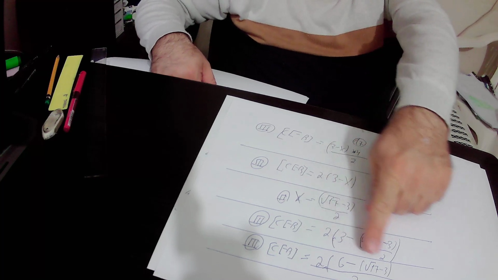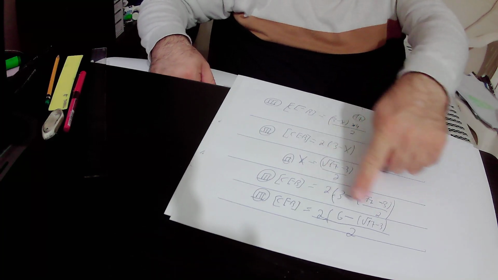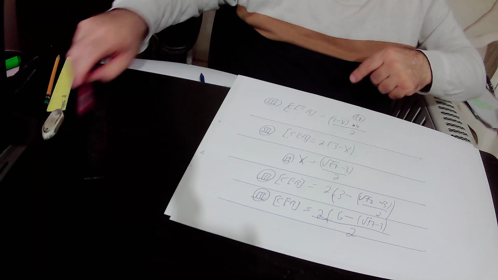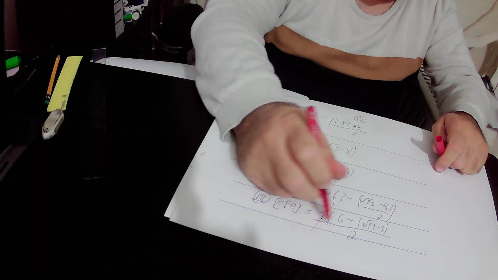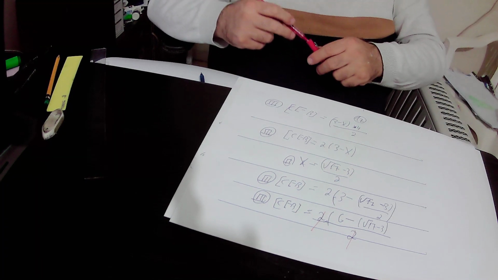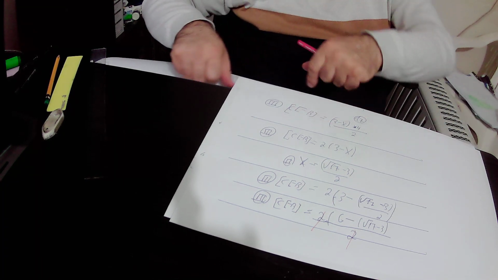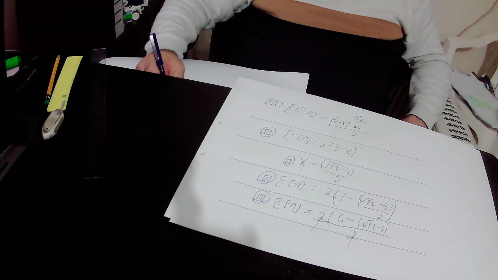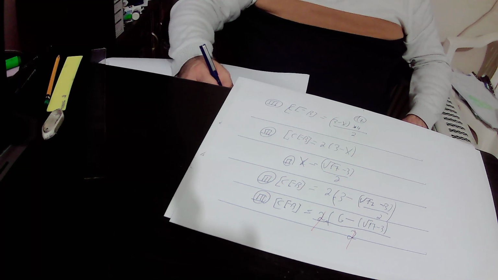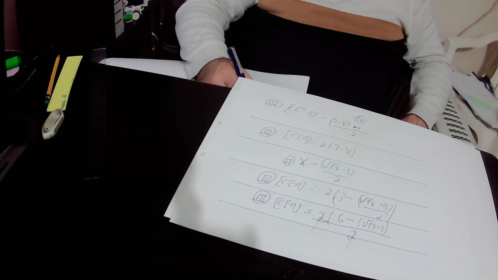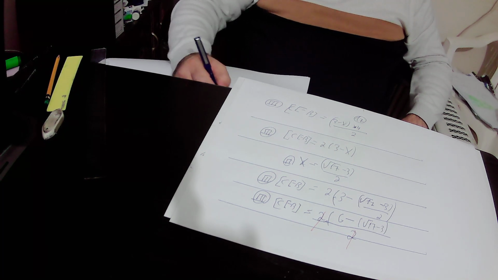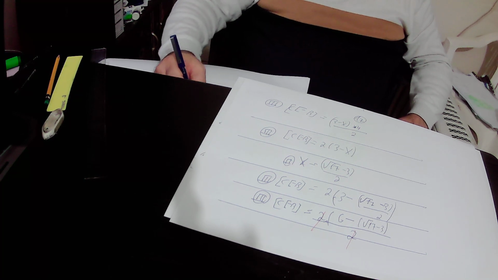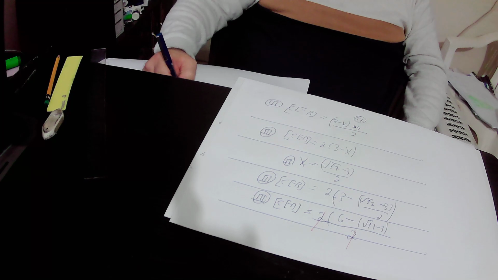So here 2 over 2 is 1, so 2 will get cancelled. What is left from equation number 3 is that the area of the green right triangle CEB is equal to 6 minus square root of 17 minus 3.